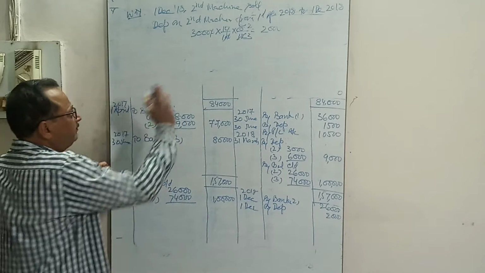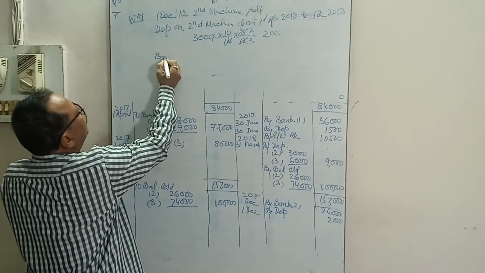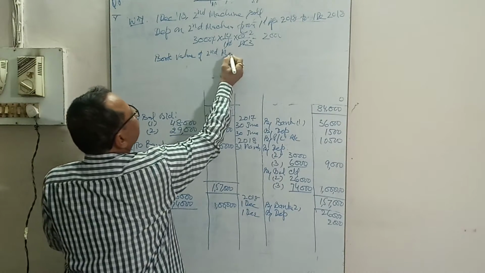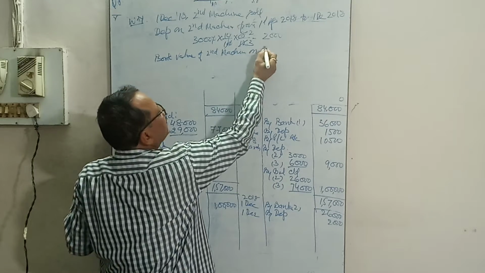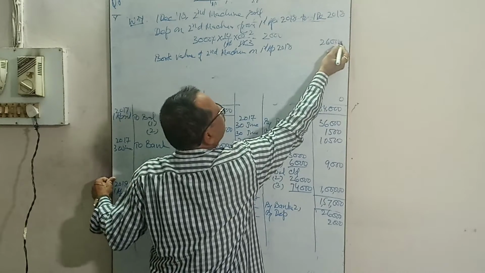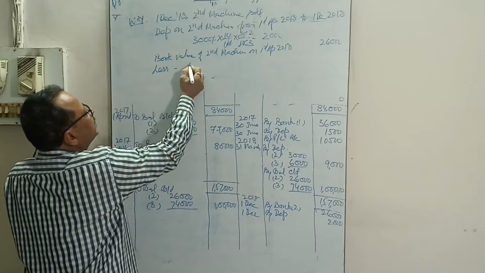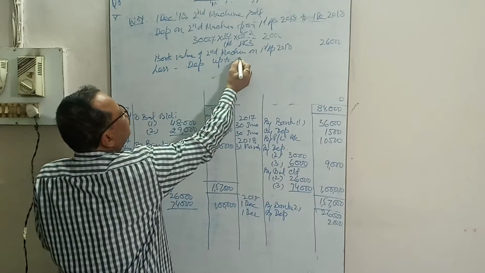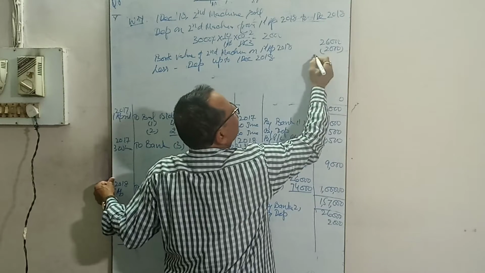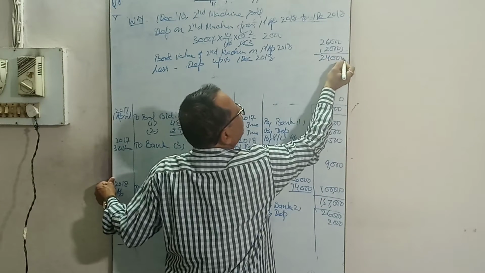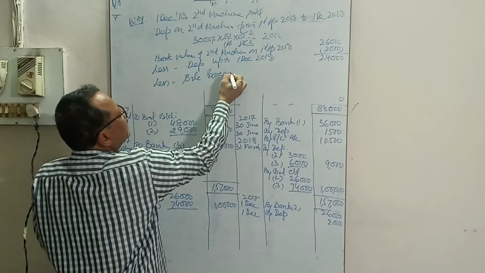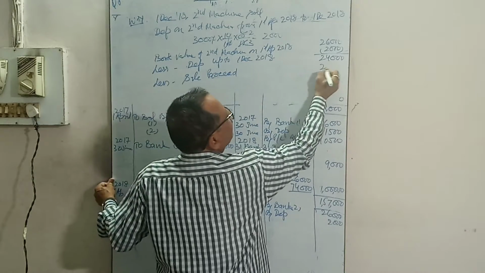Now see it. Book value of second machine on 1st April 2018, rupees 26,000 less depreciation up to 1st December 2018, 2,000, 24,000, less sale proceed, and the sales proceed is 26,000.